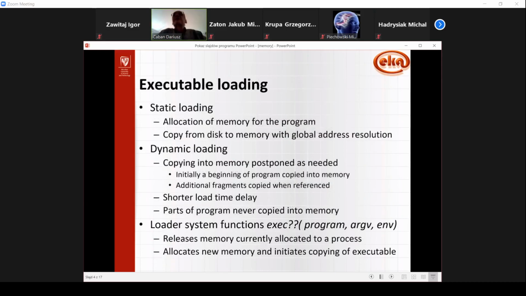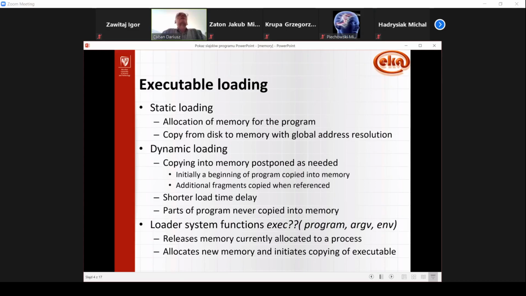Okay, so the next thing that I wanted to talk about is something called executable loading. I have already mentioned that when you want to run a program, you need to first of all open a file, the executable file. Then the loader, the function which loads the program, determines how much memory your program requires.